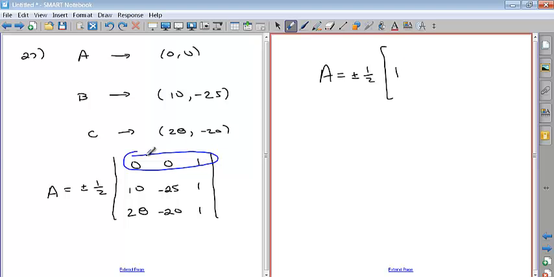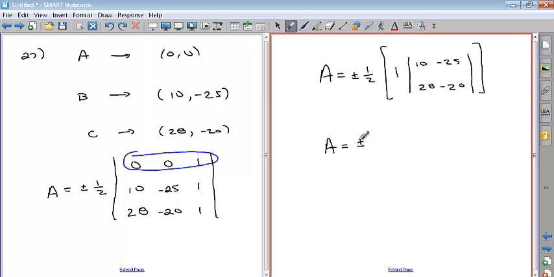This coefficient is going to be plus minus plus, so it'll be plus 1. And what we're left with is the determinant associated with those in the cofactor, which is 10 minus 25, 28 minus 20. And then the other ones are 0, so you don't have to worry about those.